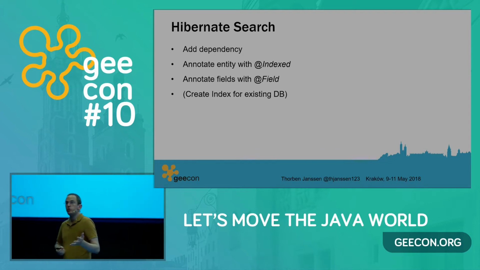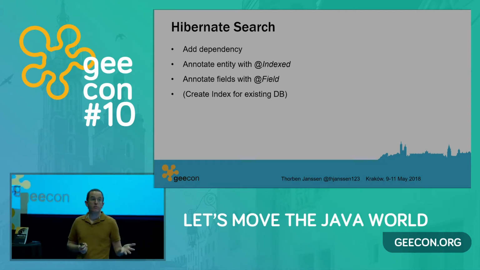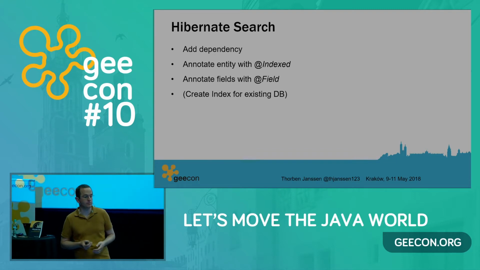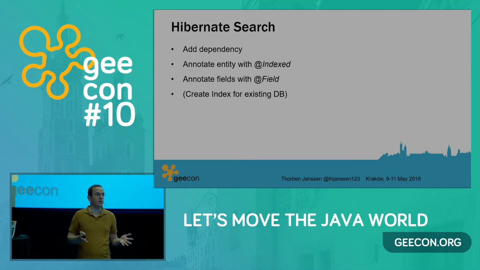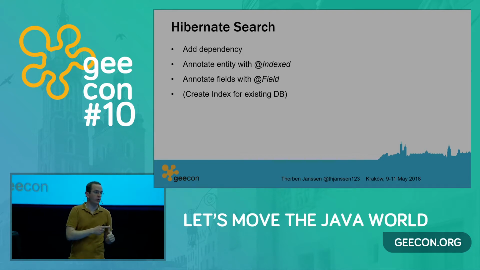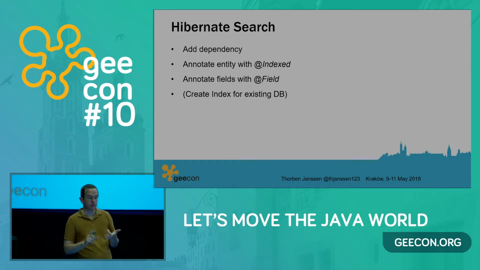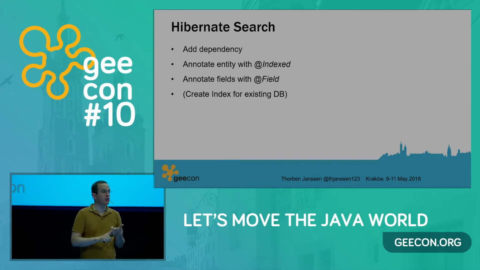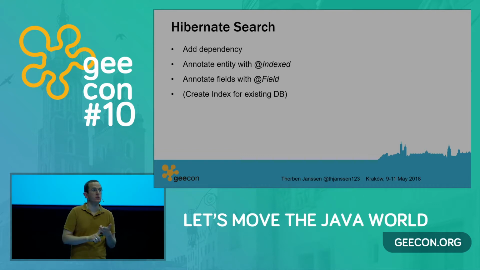So what do you need to do to add Hibernate Search and full-text query support to your application? Well, not a lot. You again need to add the dependency to Hibernate Search. That shouldn't be a surprise. And then you need to define which entities should be indexed in the full-text search, and you need to annotate them with indexed.